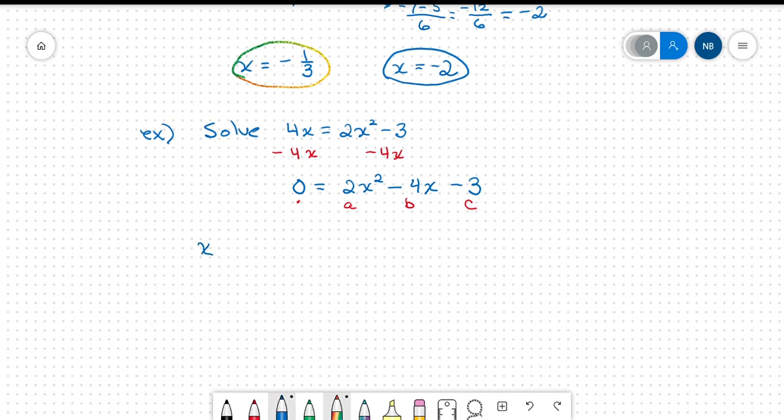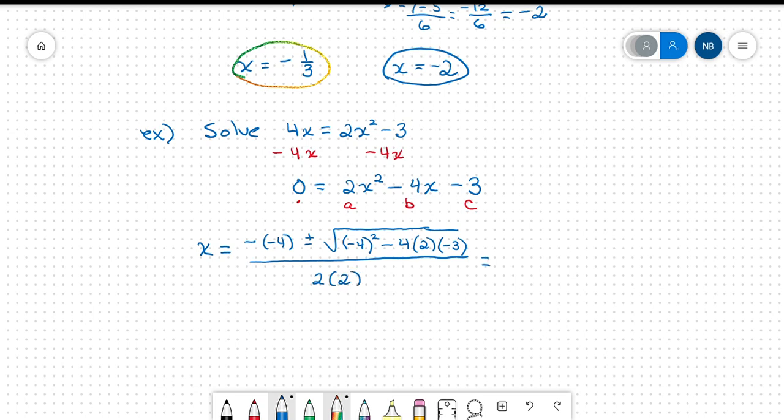The quadratic formula tells us that the solutions are equal to negative b, which is negative negative 4, plus or minus the square root of negative b, quantity squared, minus 4 times a, which is 2, times c, which is negative 3, and this is all divided by 2 times the a value 2.